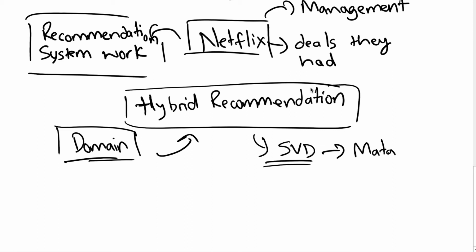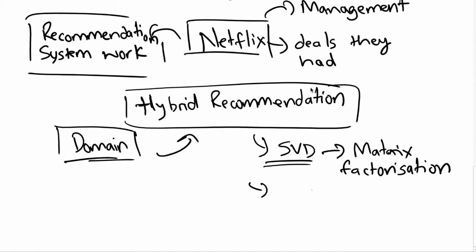This is basically a matrix factorization technique. Now let's say that when you're sitting with a domain expert, they tell you that okay, this is the algorithm that's currently being used, this is the matrix factorization technique, and they give you a criteria that's been set by Netflix.